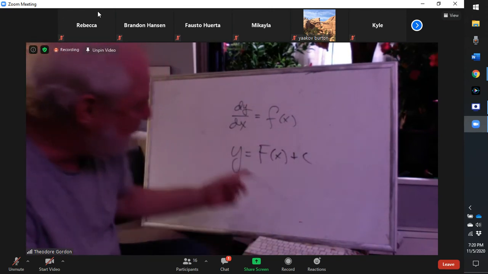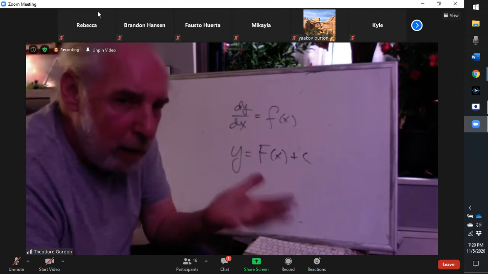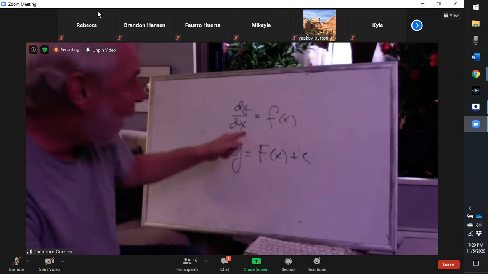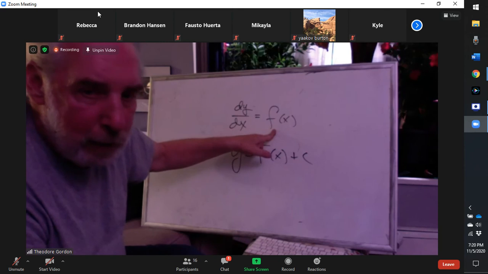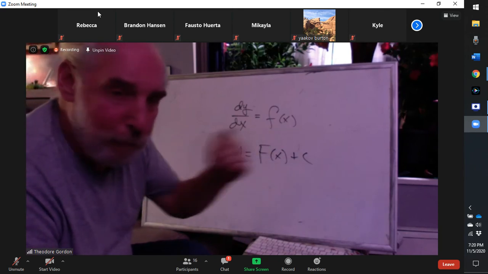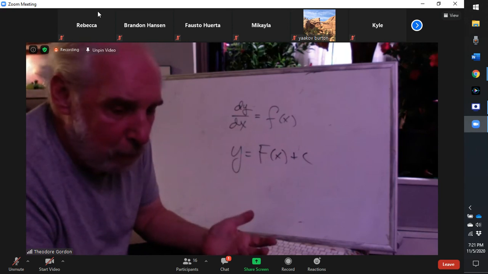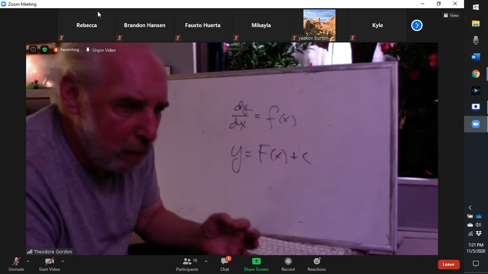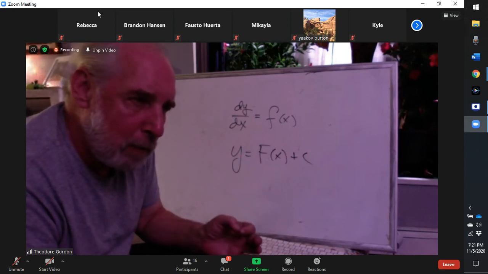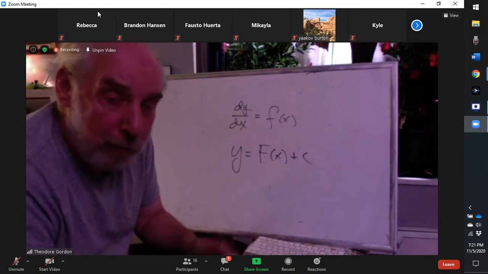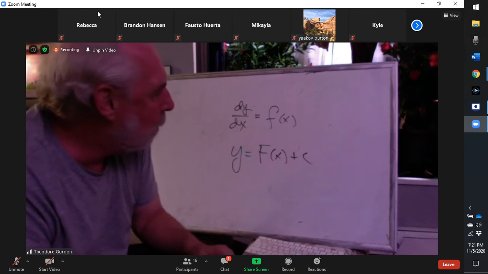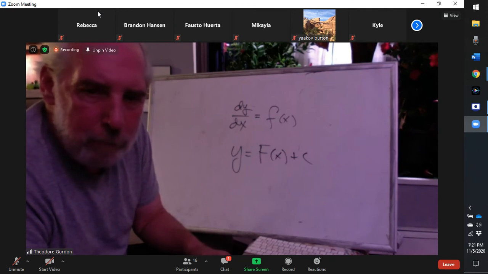Now, this function gives you the underlying principle of how that change is happening at any time, and you can predict forwards and backwards. So ultimately, getting to differential equations is when you can really start modeling real world events. That's kind of where we're going with the integration here.